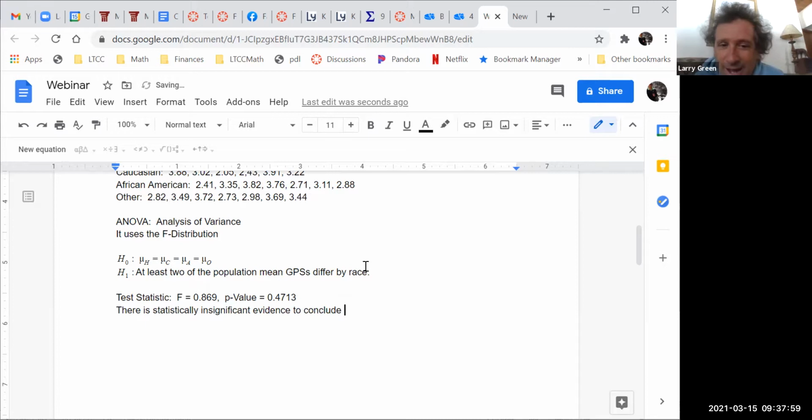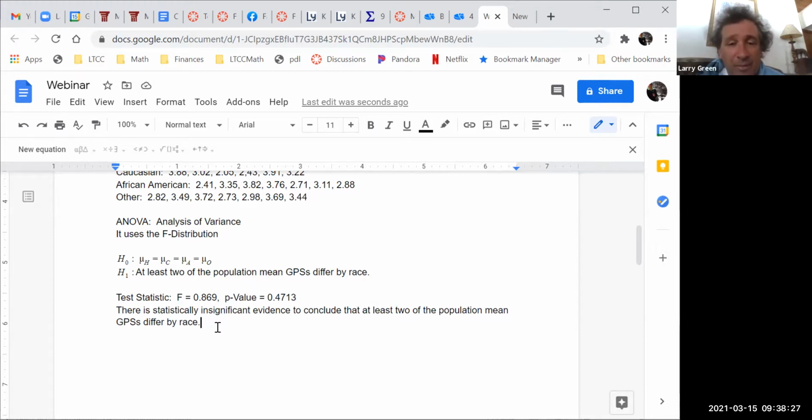And the good news about having H1 in words is I can copy and paste. And since your final exam and everything else you do is on the computer, you can copy and paste too. So there is statistically insignificant evidence to conclude that at least 2 of the population mean GPAs differ by race.